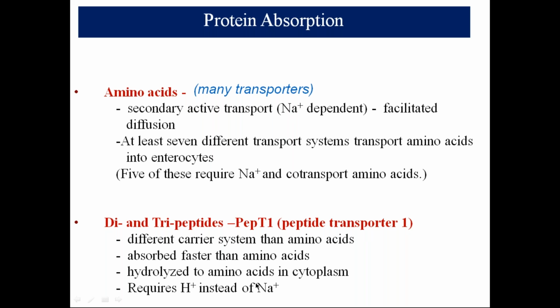So instead of sodium, it uses hydrogen ions, right? Amino acids are absorbed primarily by the same process as the absorption of glucose and galactose, whereas for di and tripeptides, absorption occurs by means of the transporter known as PepT1, the peptide transporter 1.